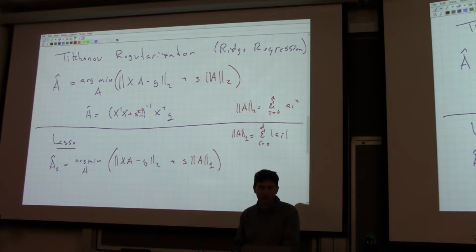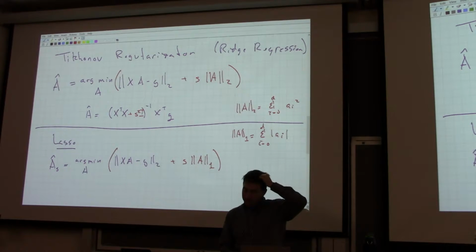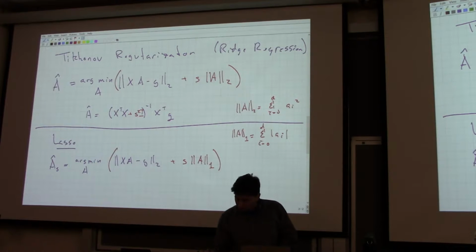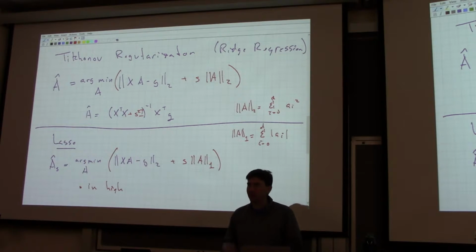But it is going to have two really cool properties, and we're going to talk about these properties. The first one, most of today, and we'll talk a little bit about the second one, and then we'll continue on that on Wednesday.